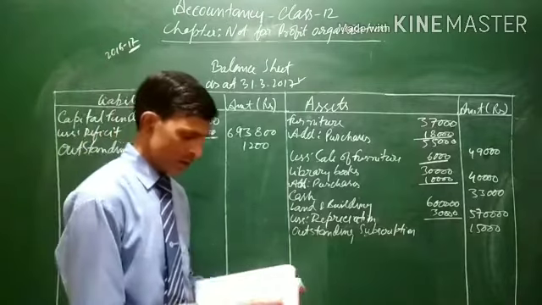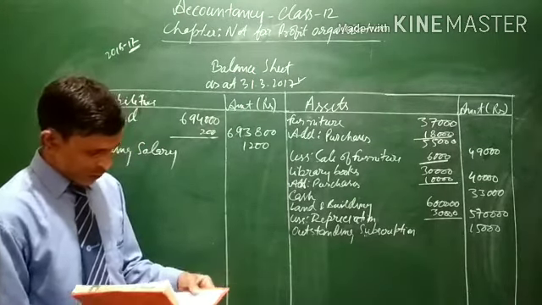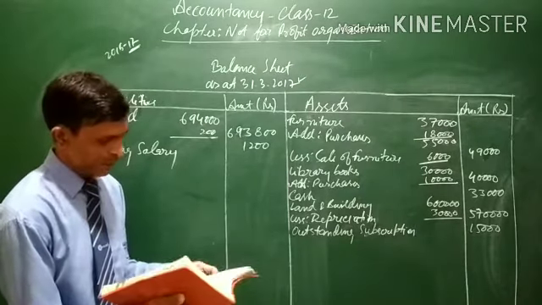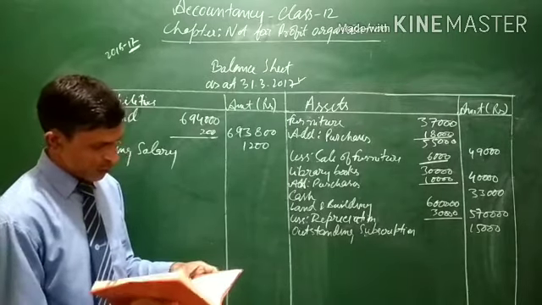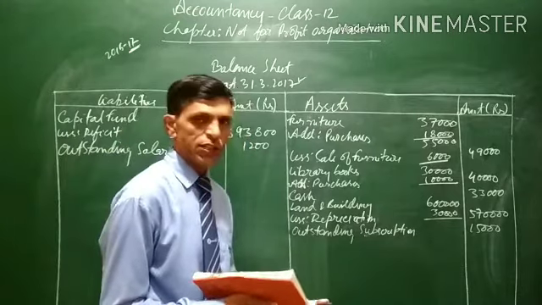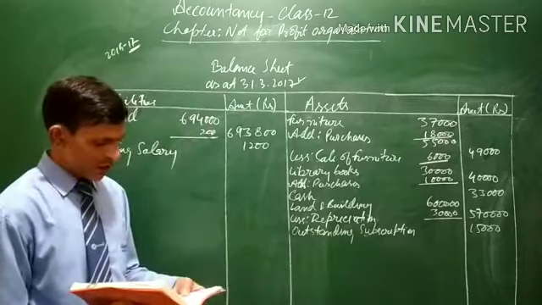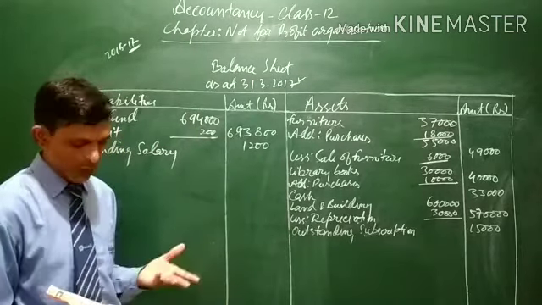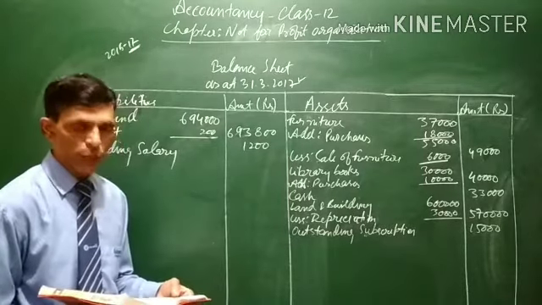Now let us see. Earlier in the previous year, you can see question number 12, the outstanding subscription for 2015-16 has been received, 80,000. Moreover, 80,000 was also outstanding in the previous year balance sheet. So there is no outstanding subscription for the previous year.